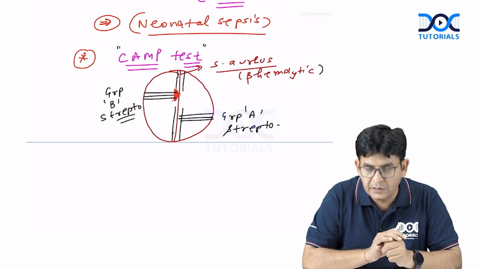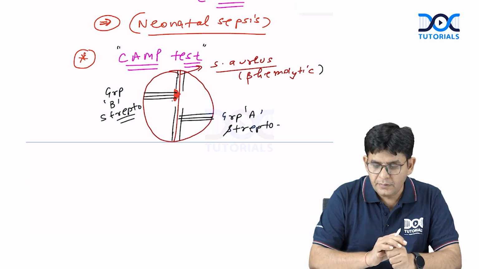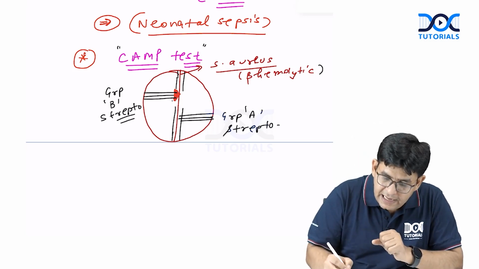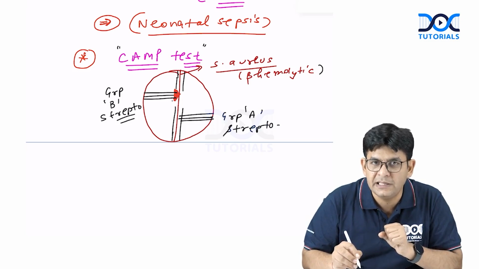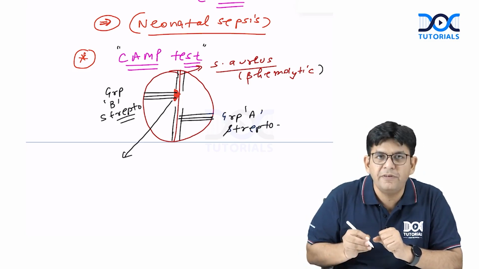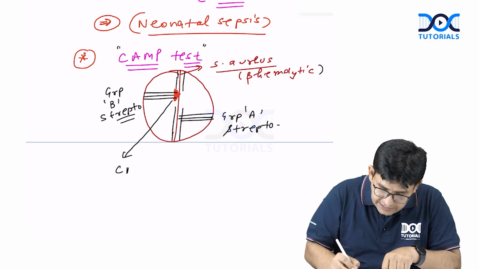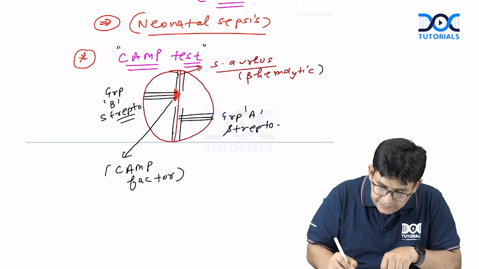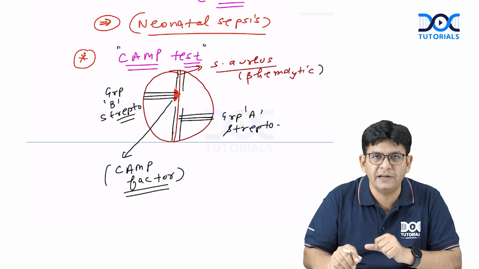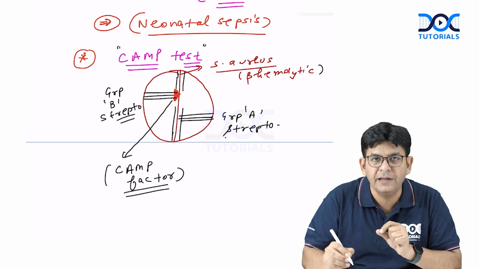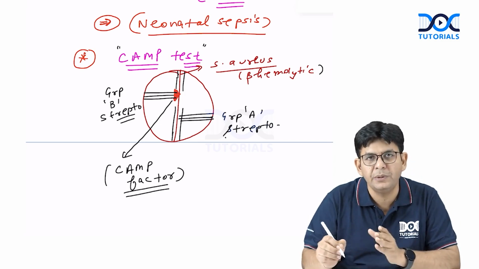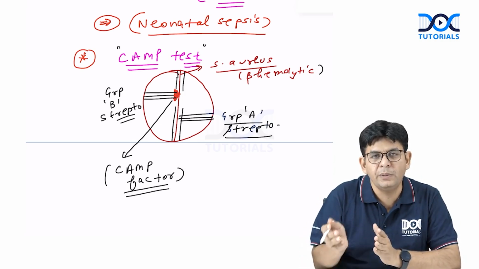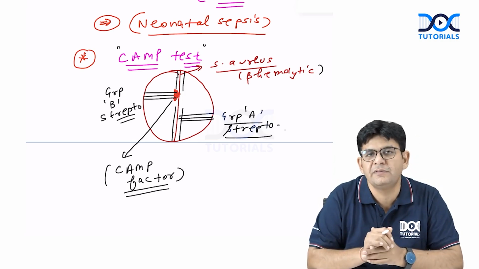Why is this enhancement seen? As per these CAMP fellows, there is a release of a factor, and the name of that factor is the CAMP factor. Because of this CAMP factor, there is an enhancement whenever group B strepto touches the Staph aureus, whereas the same thing does not happen when group A strepto touches the Staph aureus.